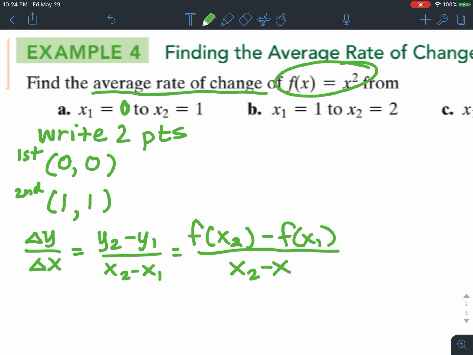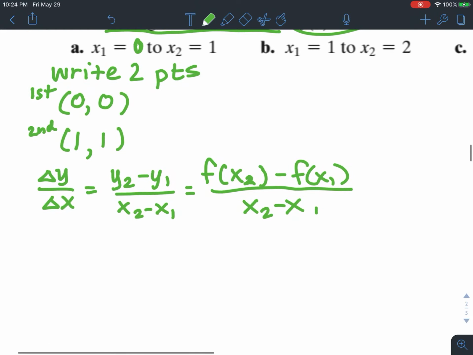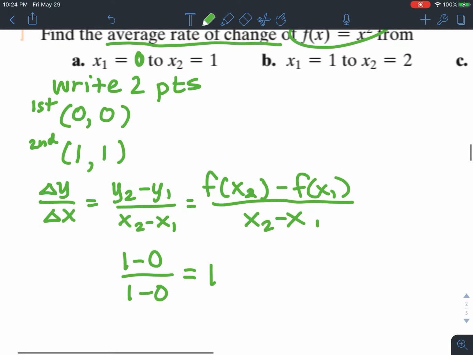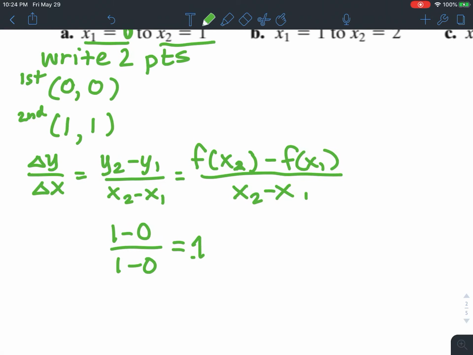Doesn't it just equal y? It's just another way to say y. Okay, so y2 minus y1, so that's going to be 1 minus 0 over 1 minus 0, which is 1. So then the average rate of change from x is 0 to x is 1 is 1.